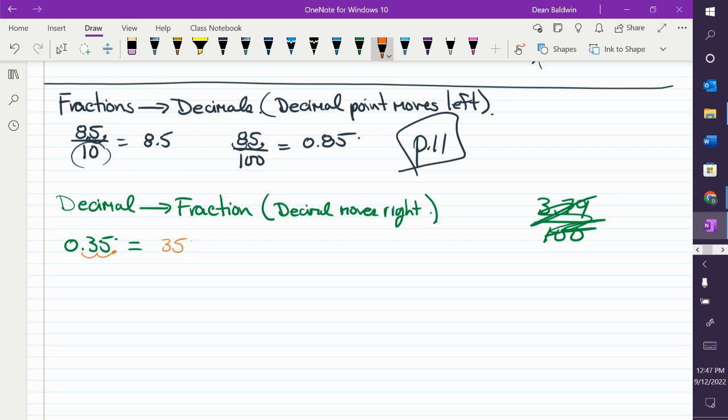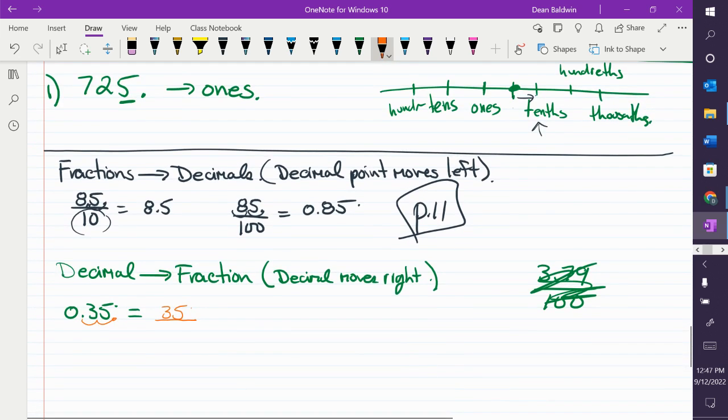If you move it 2 spots, what number do I have to put in the denominator? So let's look at our number line. I moved it 2 spots. Anybody guess what number I'm putting in the denominator? We're doing hundreds in the denominator, right?